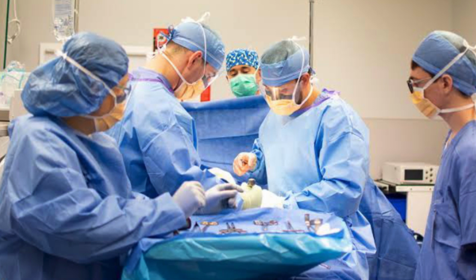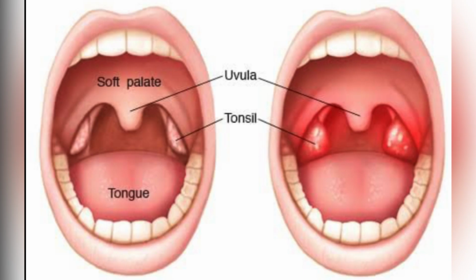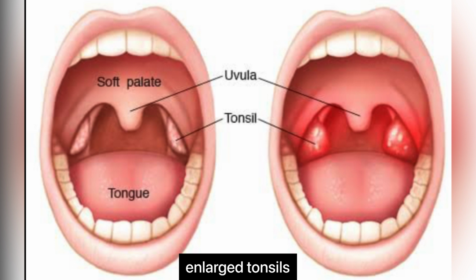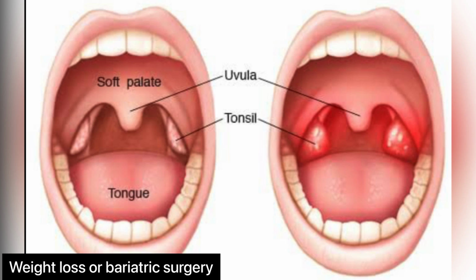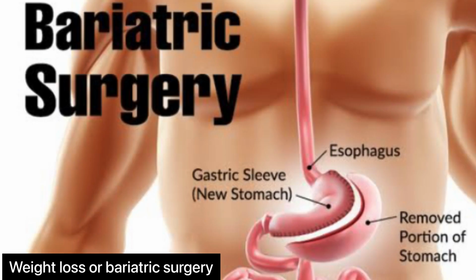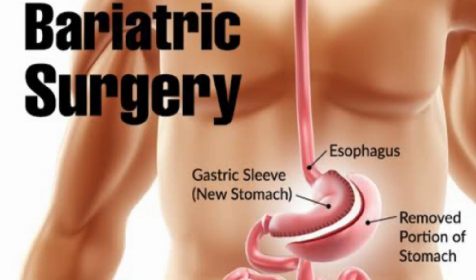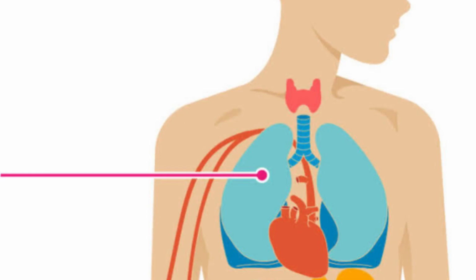Other types of surgery may help reduce snoring and contribute to the treatment of sleep apnea by clearing or enlarging the air passage. Number one, surgery to remove enlarged tonsils or adenoids, and number two is weight loss or bariatric surgery. Lifestyle and home remedies are also included.